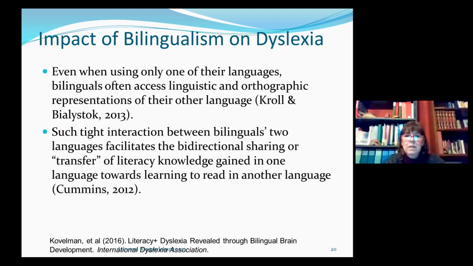Even when using only one of their languages, bilinguals often access linguistic and orthographic representations of their other language. And such tight interaction between the two languages facilitates the bidirectional sharing or transfer of literacy knowledge gained in one language towards learning to read in another language. And here you can recognize the iceberg model again.